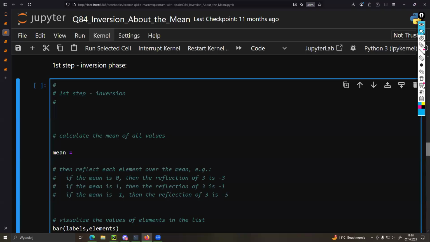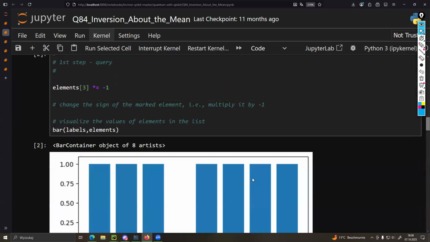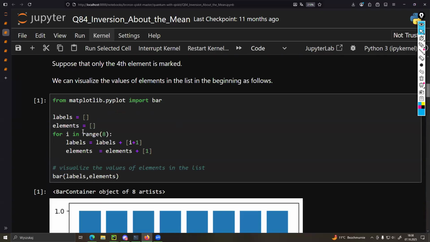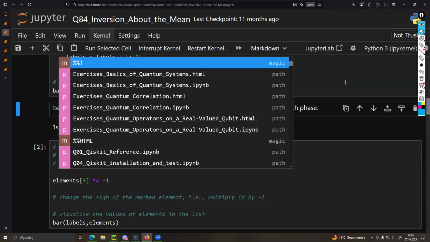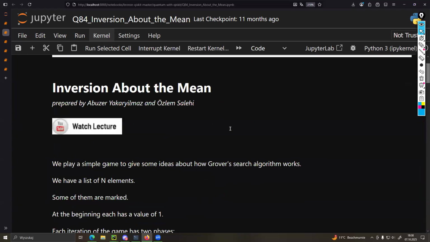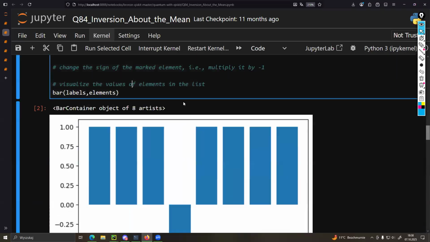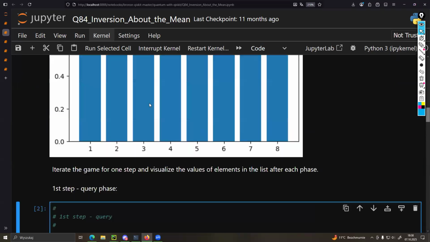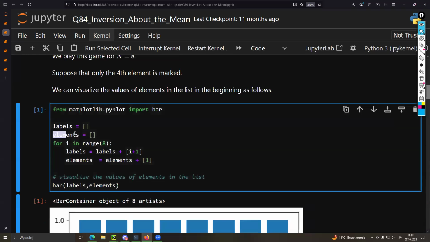We have a mean equals, okay, let me run this again to make it actually in our memory.